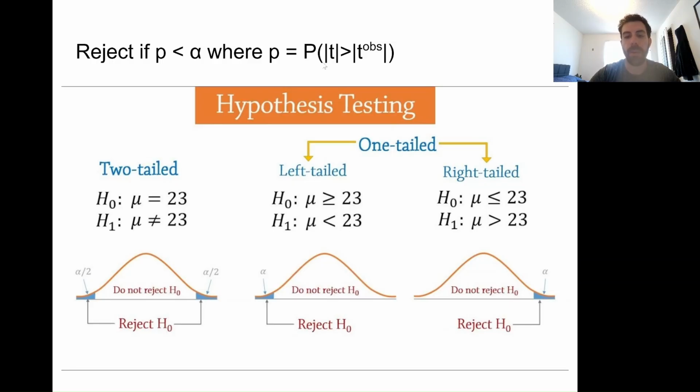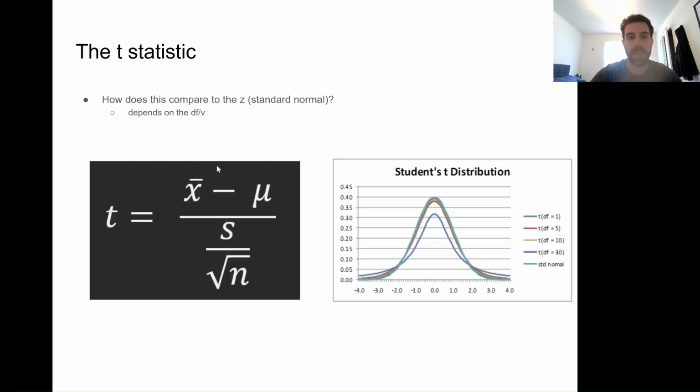So P is simply, to restate that point, the probability of observing values in the T distribution as extreme or more than what I saw in my data. And the absolute value here again is for this two-sided test. So if we assume this is centered at 0, which it is according to the T statistic you just looked at here, because remember under the null, X bar should be centered at mu.